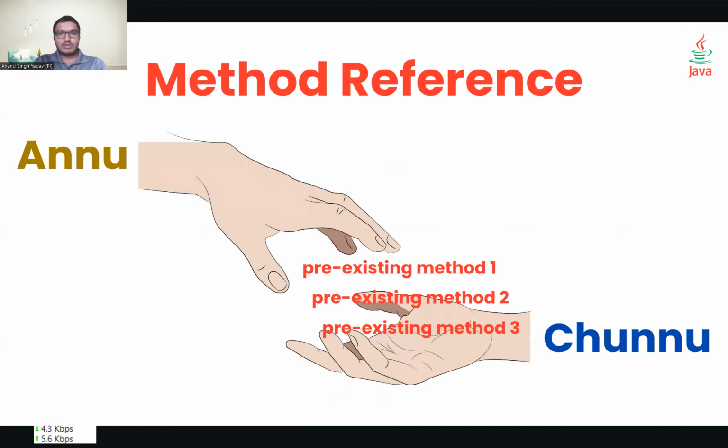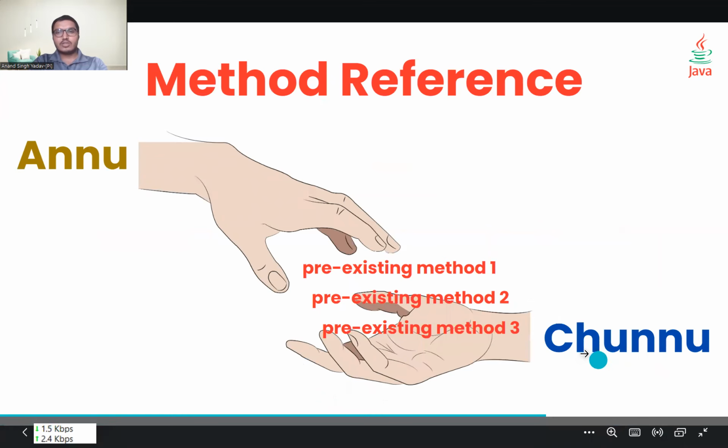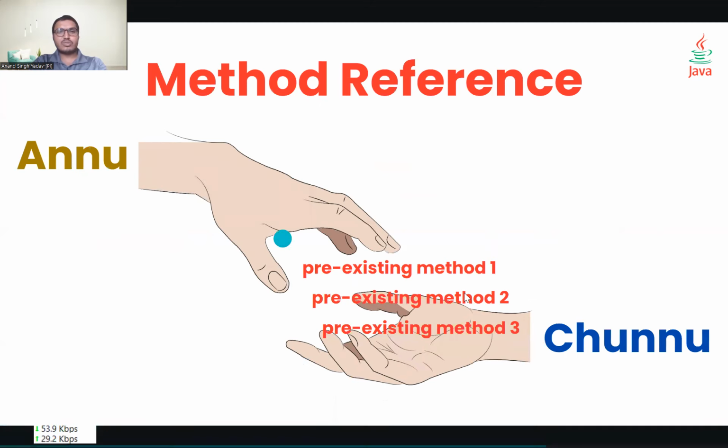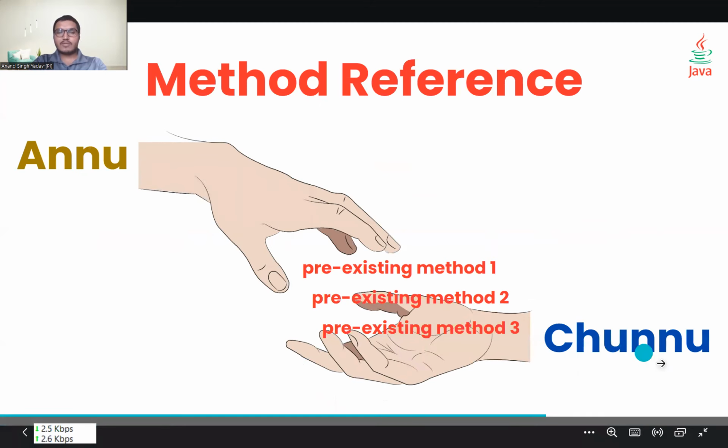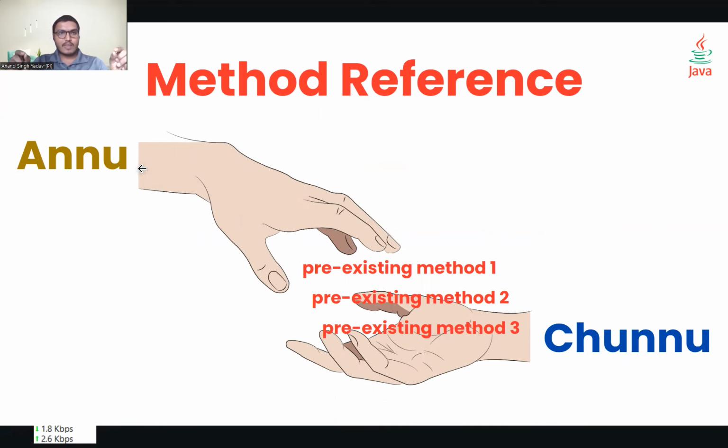Got it? So let's understand this analogy now. Here is Annu, and there's Chunnu. Chunnu is a fresher developer. Annu is an experienced developer. Let's say Chunnu has written one method, and he wants to write the implementation, but he is failing to write it.